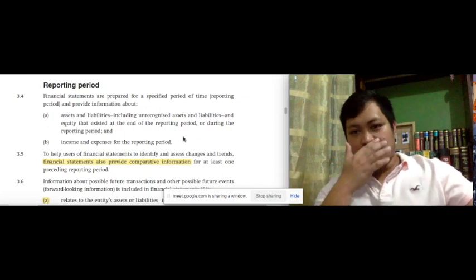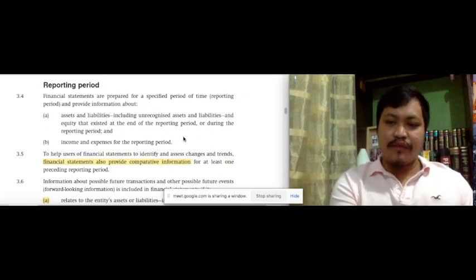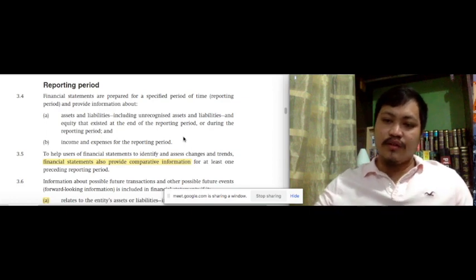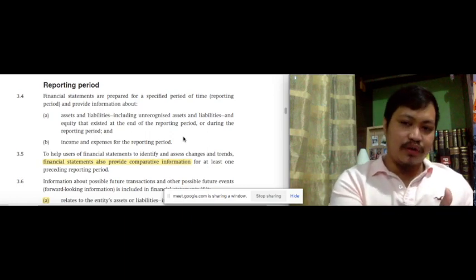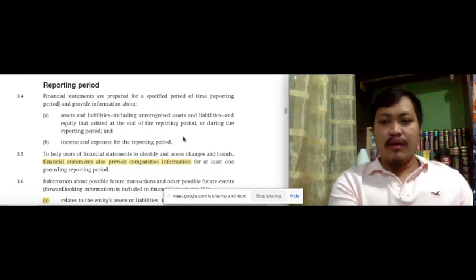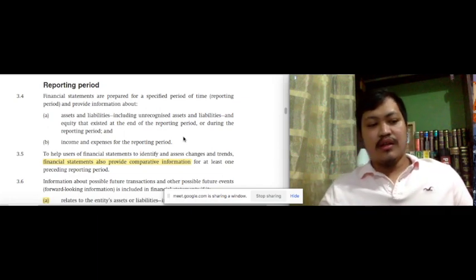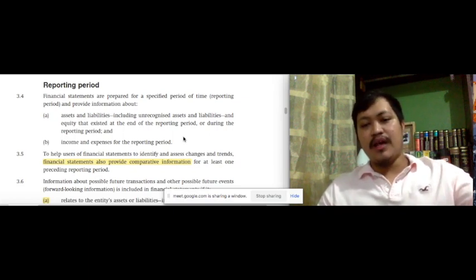If you have a potential investor, class, I cannot rely on a financial statement that includes transactions or operations of another entity. I will not be able to decide whether or not I should invest in this reporting entity when the report I am given includes transactions that are not even specific to the entity that I wish to invest in.